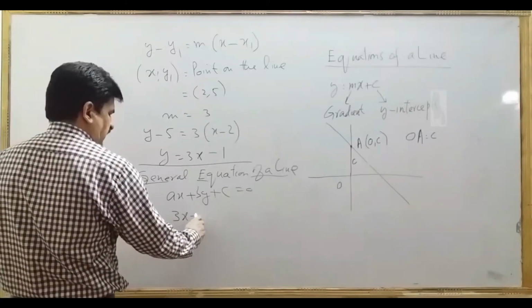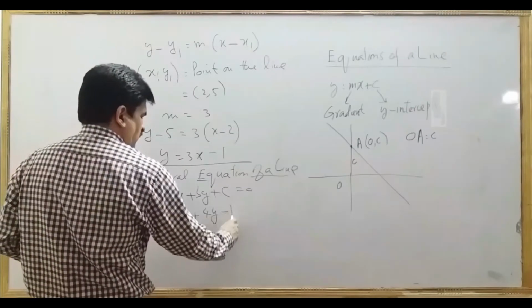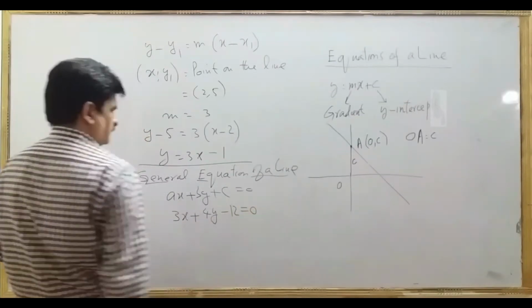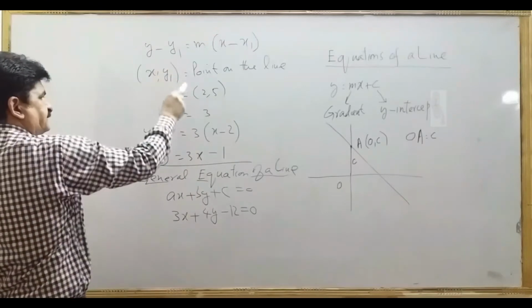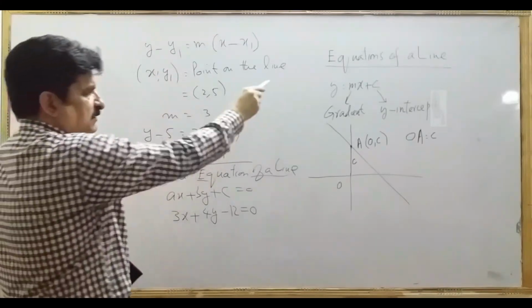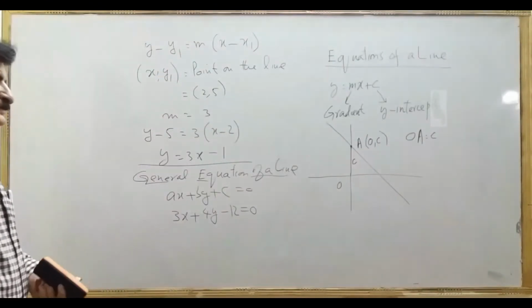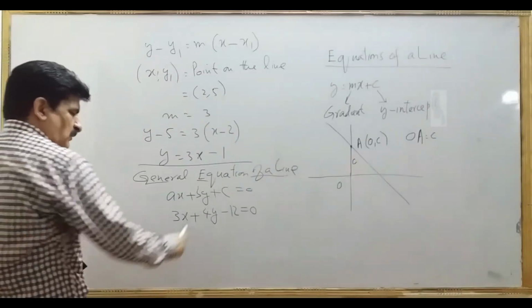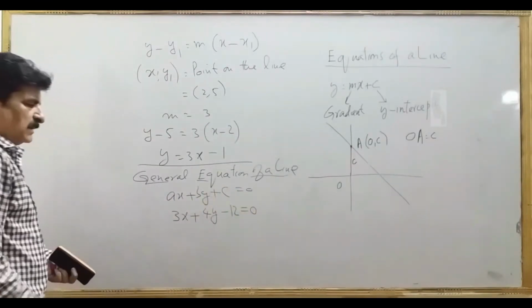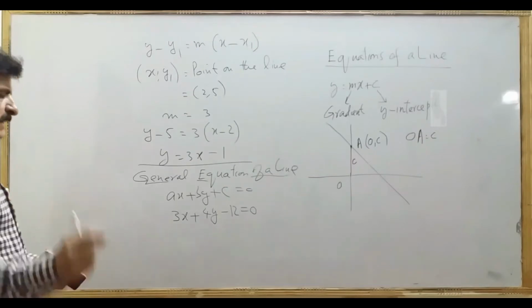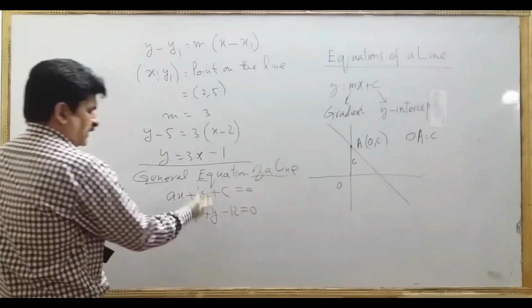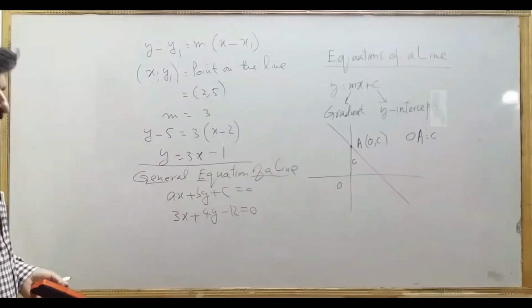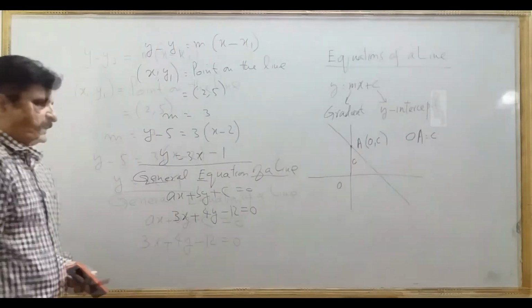For example, you have 3x plus 4y minus 12 equal to 0. This same equation can be converted into y is equal to mx plus c form. So from the general equation, you can be asked to find the gradient, as well as the coordinates of the point where this line crosses x-axis and y-axis.